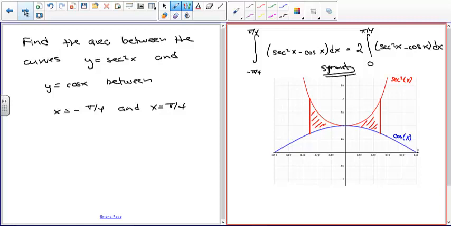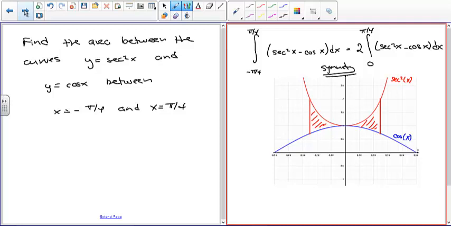But because I've plotted them, I can also notice that there's symmetry involved. Therefore, I could just take twice the area for either one of the wings here. That would be a lot easier, because I'm integrating from 0, and a lot of times when you integrate with the lower limit being 0, the terms go to 0, or to something easy.